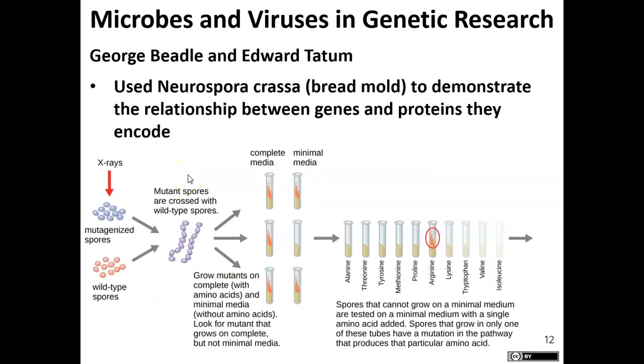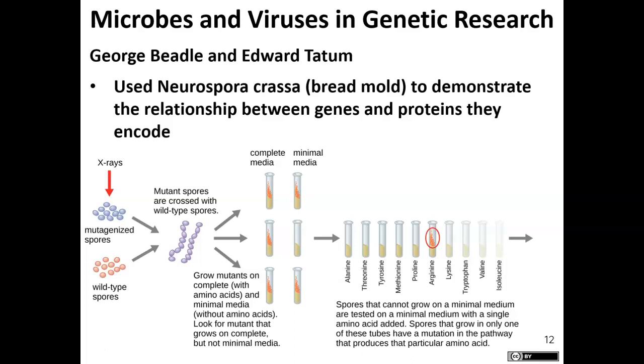While Hämmerling, I think that was it, was working on the Acetabularia, George Beadle and Edward Tatum were working on the red bread mold called Neurospora crassa. And what they were doing was irradiating the DNA within the Neurospora, and that caused mutations within the DNA sequence.